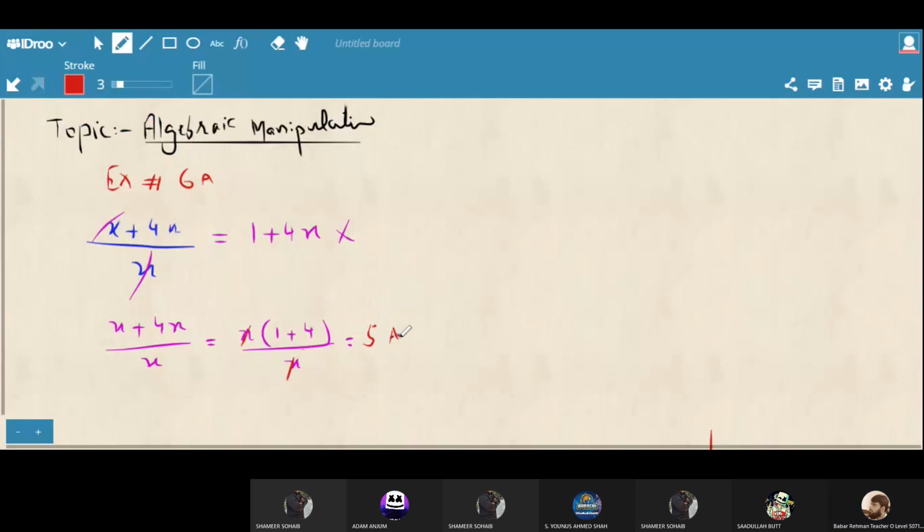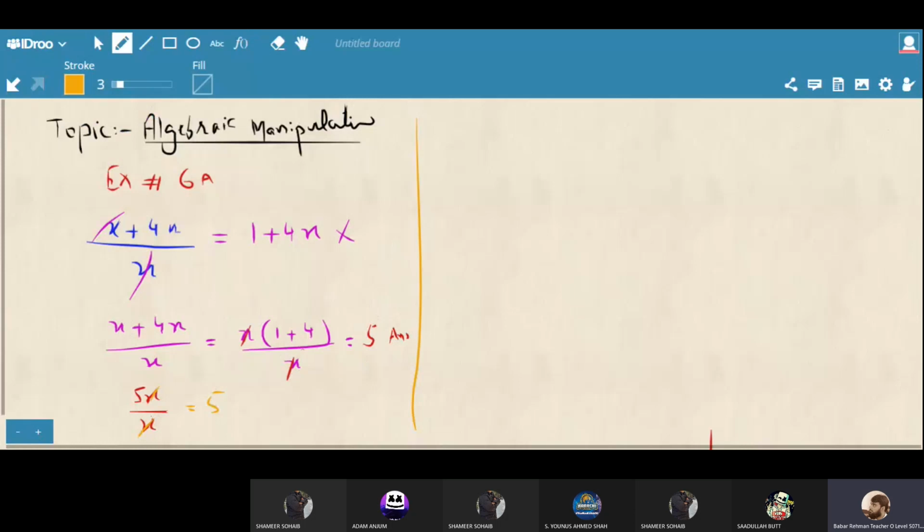Similarly, students, you simplify the numerator first. For example, x plus 4x is 5x upon x, and then you will cancel x and x, so our answer will be 5. Students, one important thing. Now the question number from your book, question number 2, A part.